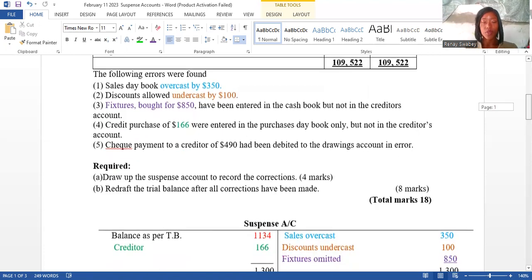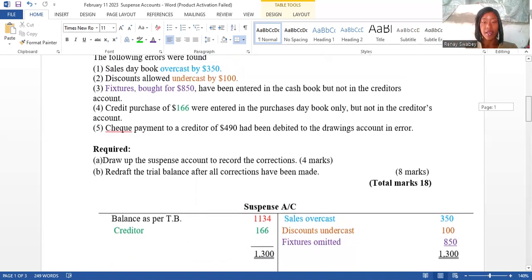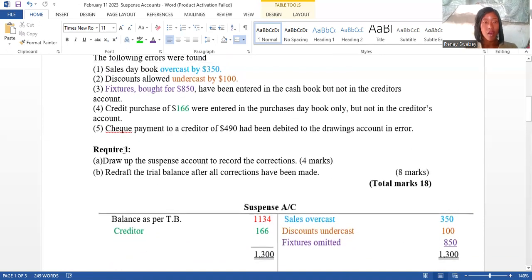Let me scroll down. Here we have our suspense account. Now, I have color-coded the figures so that you can look at the information with the arrows and on the trial balance to see exactly where those figures came from and how they function in the trial balance that we're redrafting.